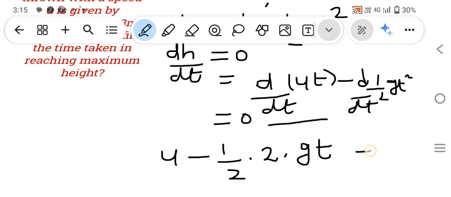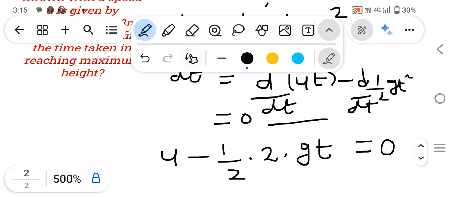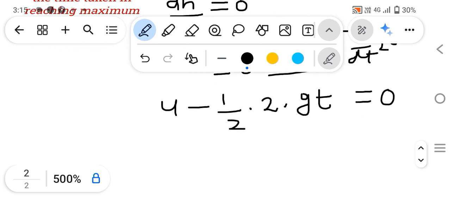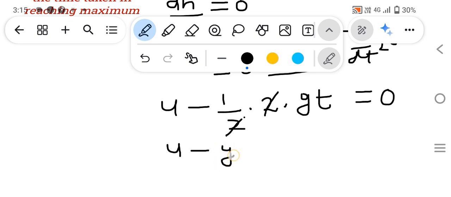It is equal to 0. Here these two cancel. We have u minus gt equal to 0.